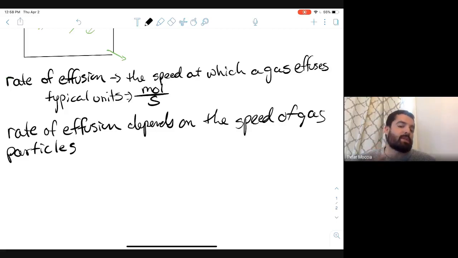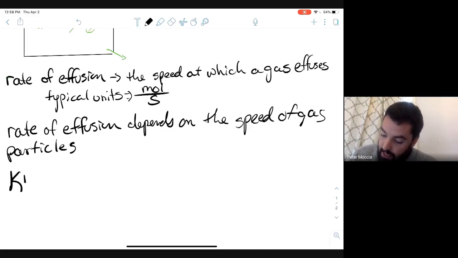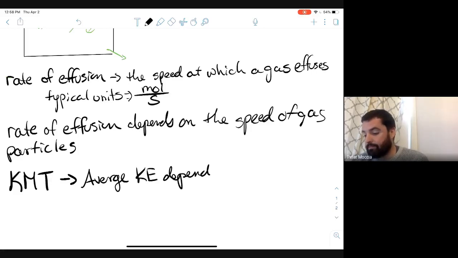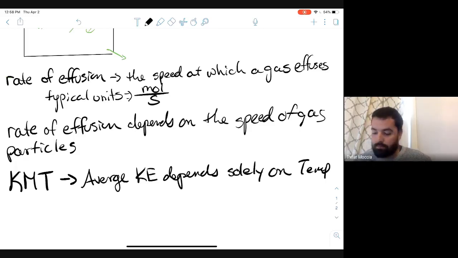Okay, so we'll just pretend we're taking the average speed. The different gas particles are going to be moving at different speeds at all times, but the fact of the matter is that smaller gas particles move faster at a given temperature. So let's think about this. We know from kinetic molecular theory, I'm going to just call it KMT, tells us that the average kinetic energy depends solely on the temperature, right?